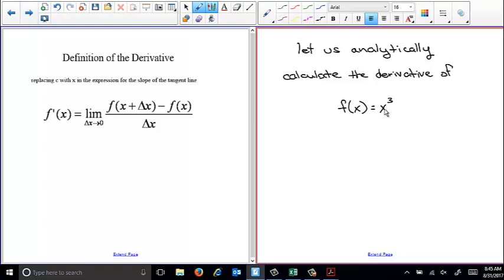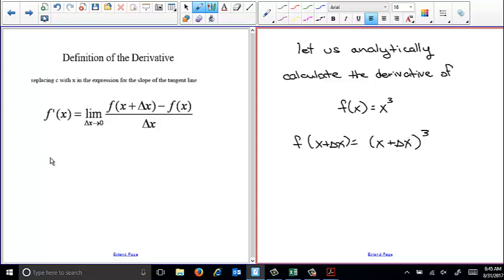So this is f of x. We need to evaluate the function at x plus delta x, so I'm going to write that out. f of x plus delta x equals, instead of x cubed, x plus delta x cubed. Now I have to use FOIL twice, or however you multiply this out.